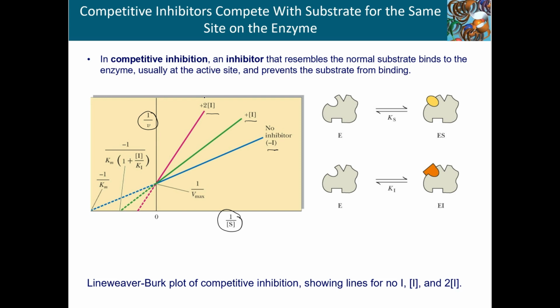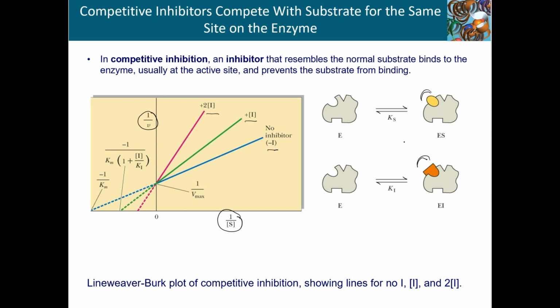And going back to look at this, if we have an enzyme and we have a substrate, you can interact like this, or you can interact with the inhibitor at the same site as the substrate would like to interact. And this is our competitive inhibition at the binding site.